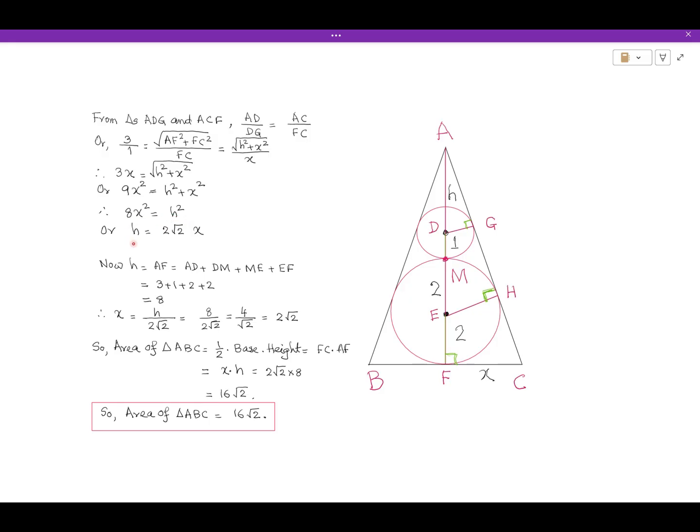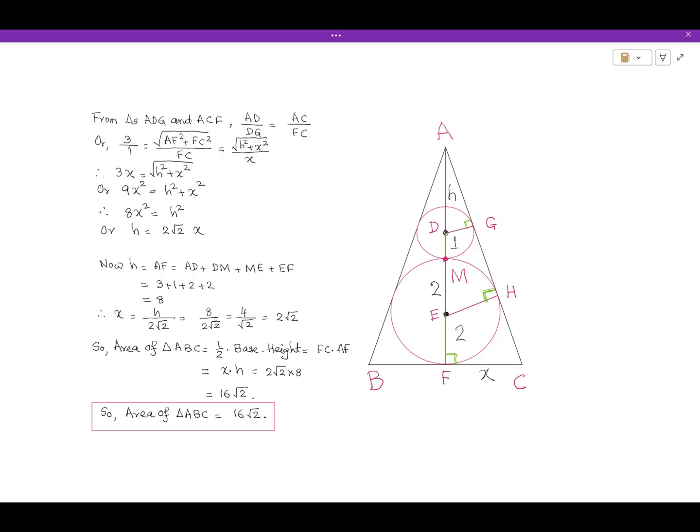Therefore, H is equal to 2 root 2 X. Now, H is equal to AF, which is AD plus DM plus ME plus EF, that is 3 plus 1 plus 2 plus 2, therefore H is equal to 8.